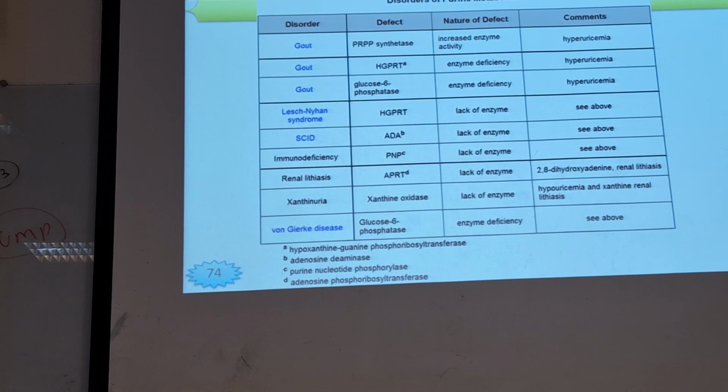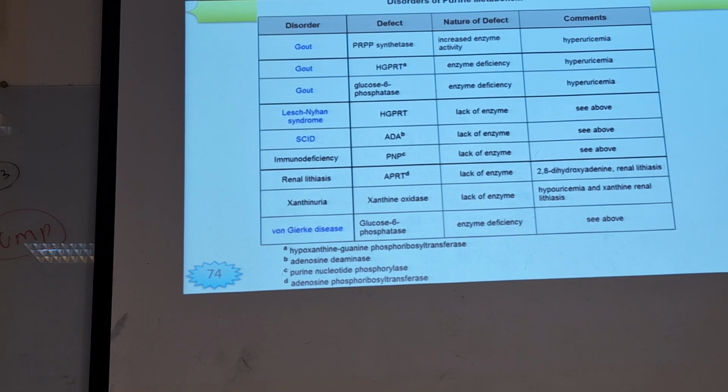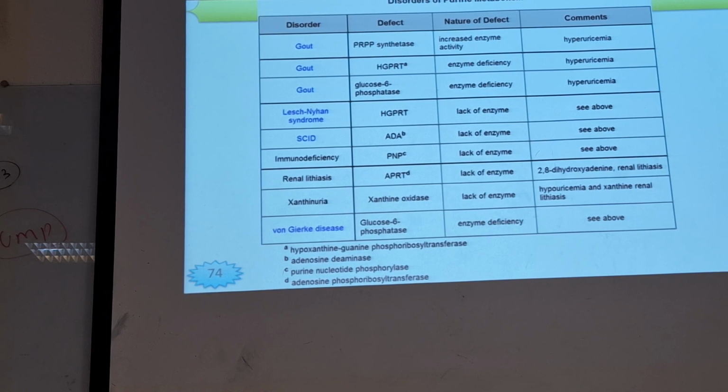When we have a dysfunction of glucose 6-phosphatase, it leads to hyperuricemia. Why? Because we don't have a pentose sugar, and that's what we don't make.